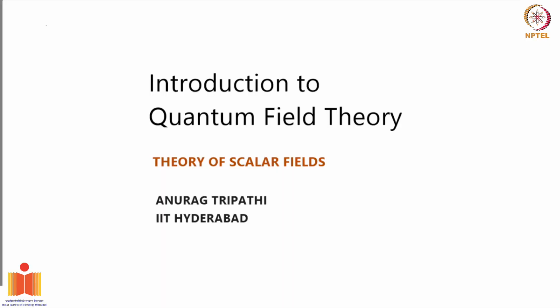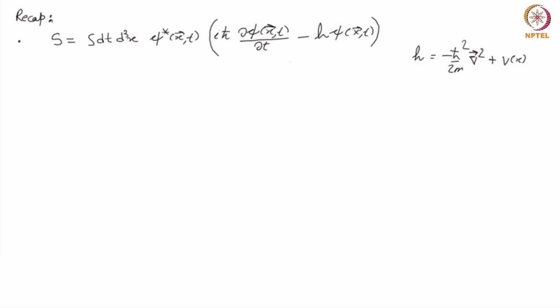Okay, let us start with a quick recap. Last time we were looking at this action, which is here. When you take this action and find the Euler-Lagrange equations of motion, you will get the Schrodinger equation. The operator small h here is this operator.